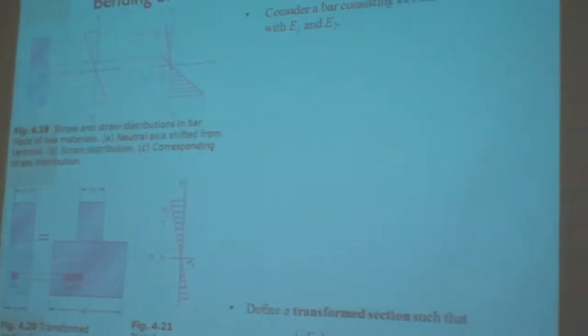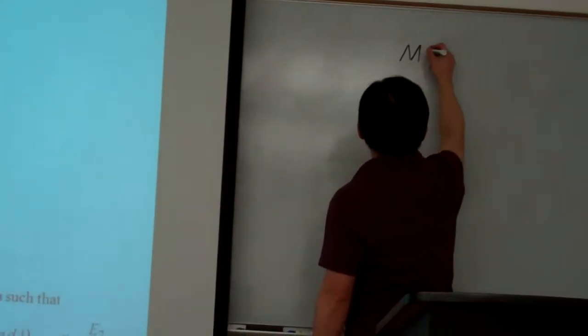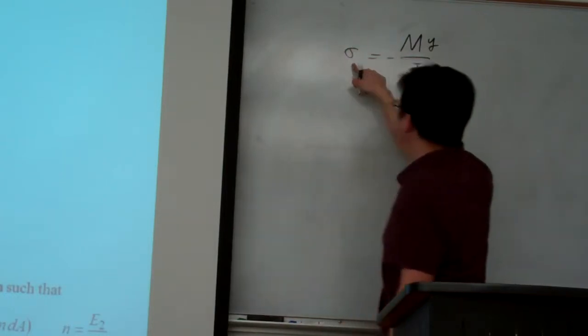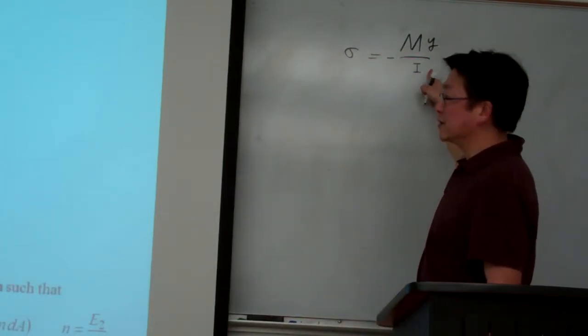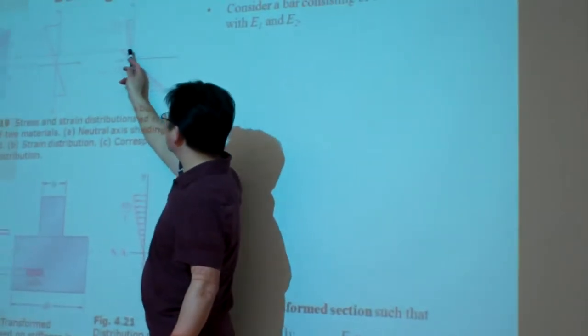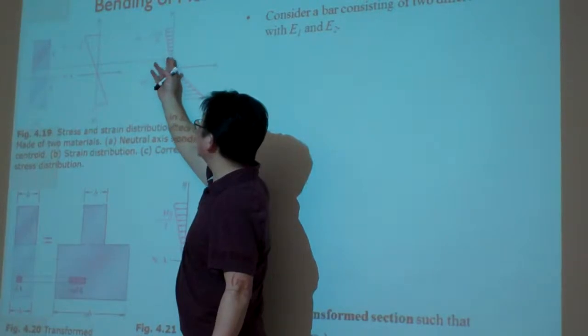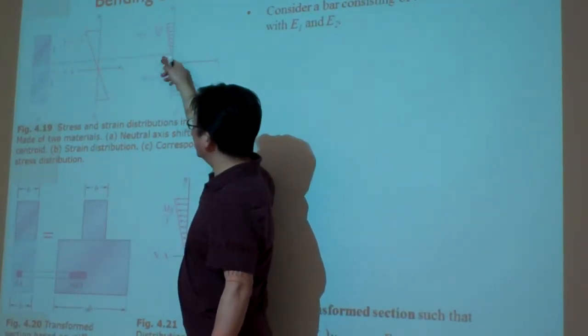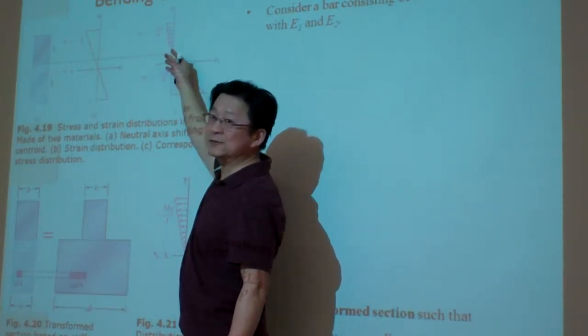And again, our problem is this: sigma equals My over I. This is the bending stress using symmetric bending. On the composite, you can see there's a discontinuity, there's a connection, here the interface, the stress at the interface is not continuous.